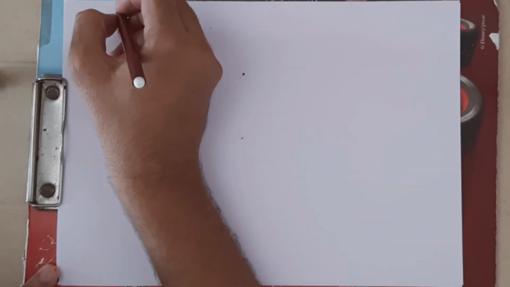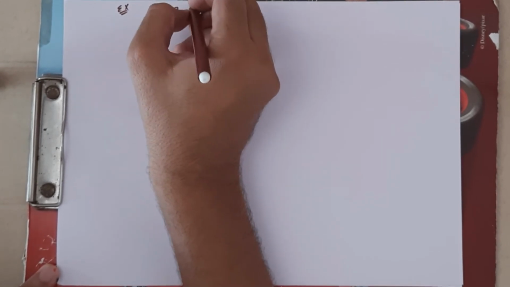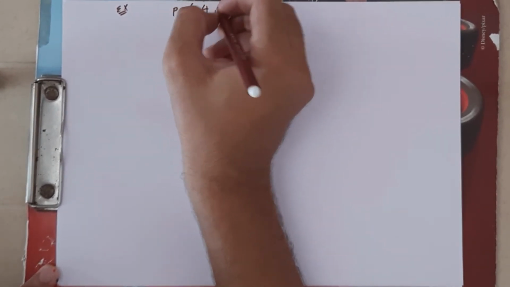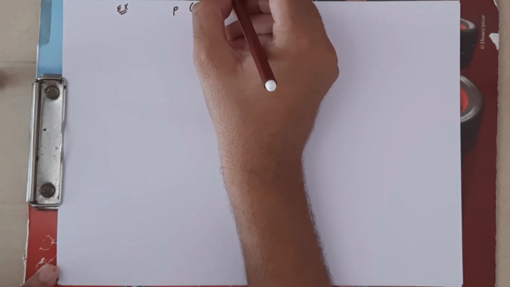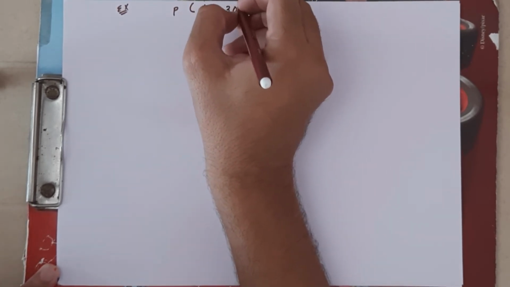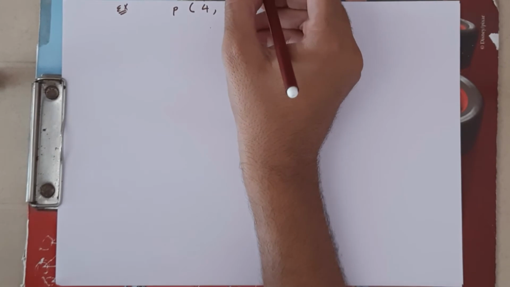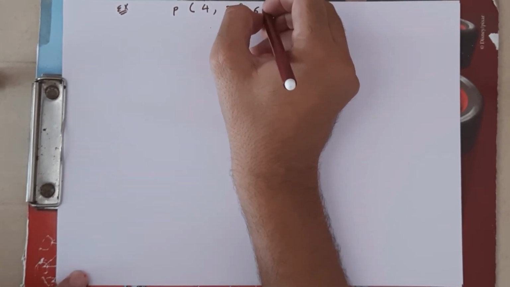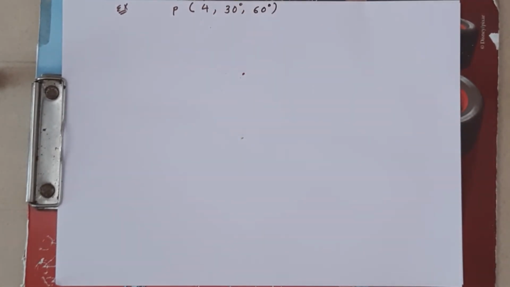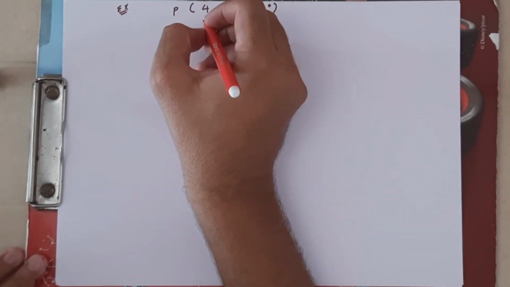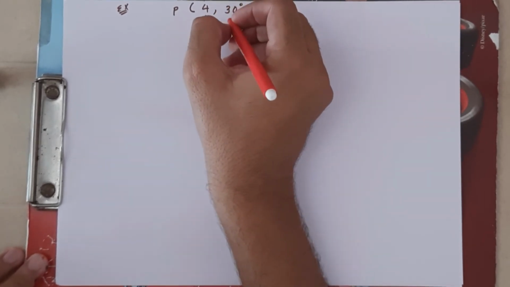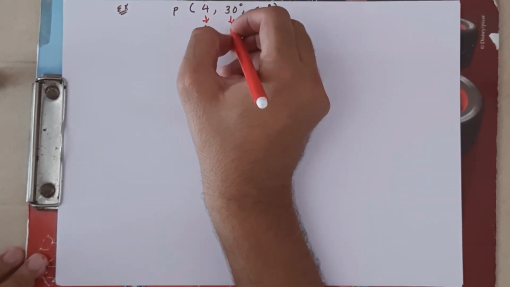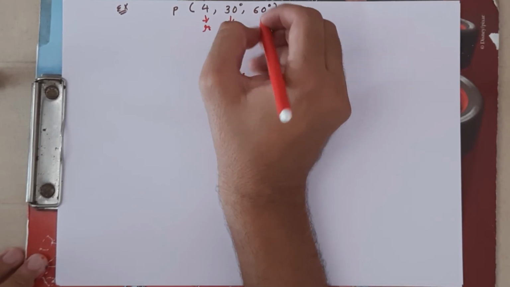Suppose the point P is (4, 30 degrees, 60 degrees). Here, 4 is the radius of the sphere, 30 degrees is the theta angle, and 60 degrees is my phi.